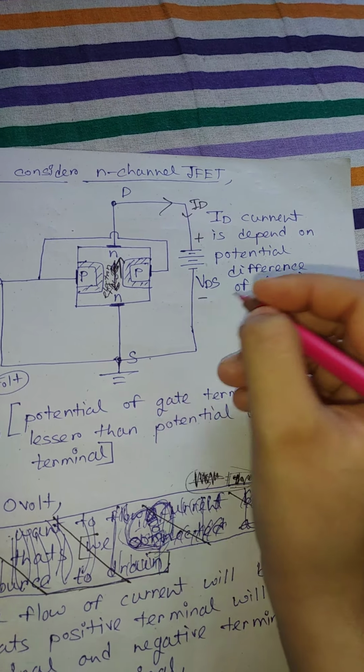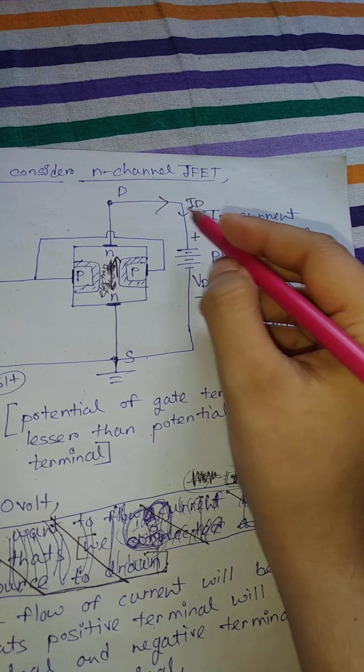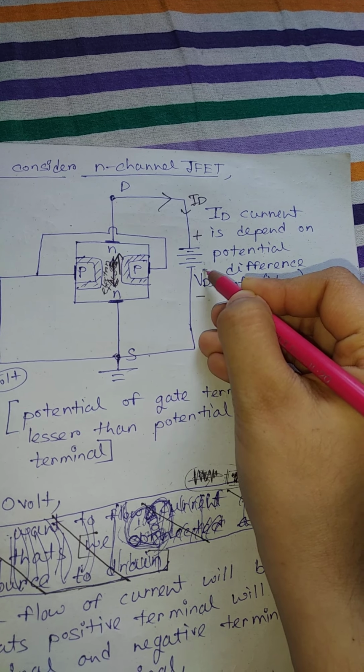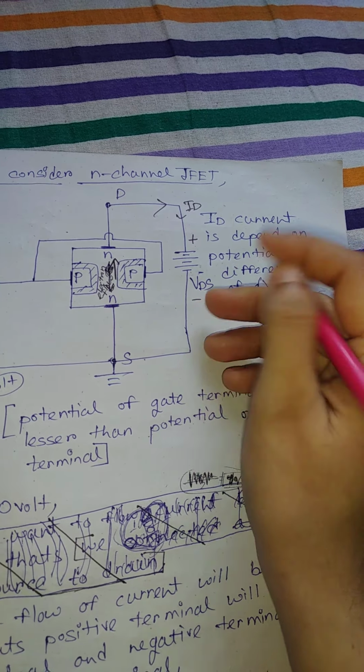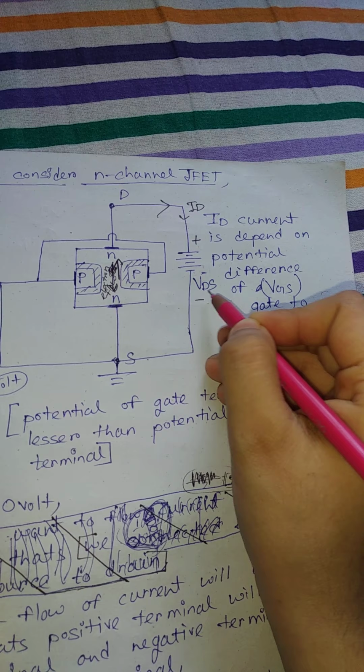The battery's positive potential is connected to the drain side and the battery's negative potential is connected to the source side. So on this side we get a voltage, that is VDS.